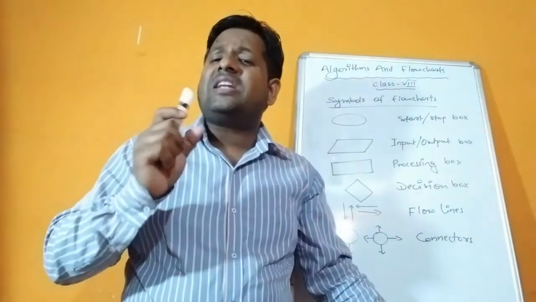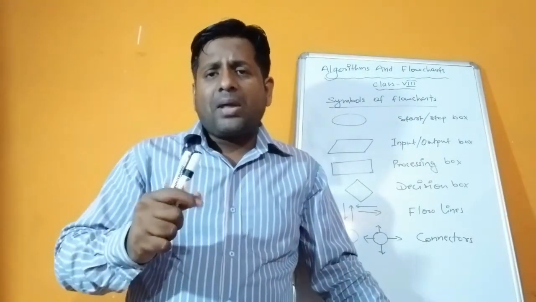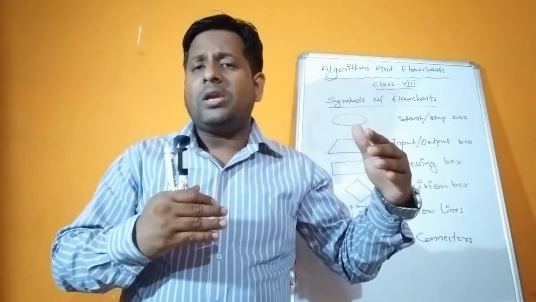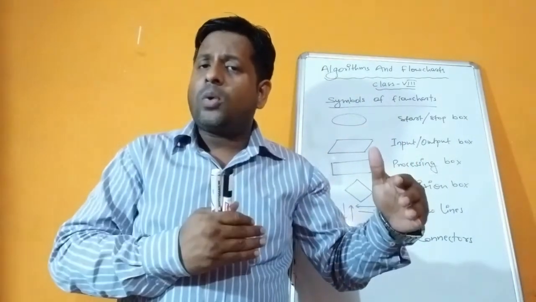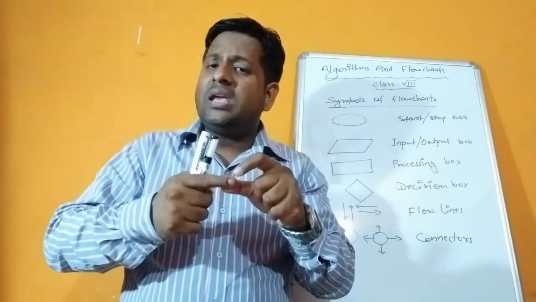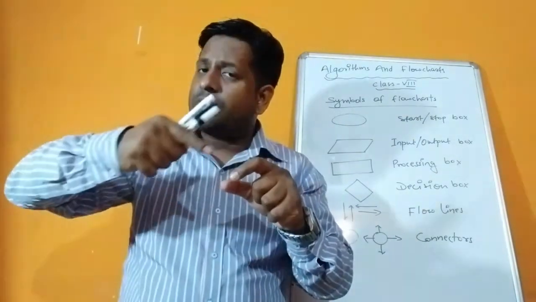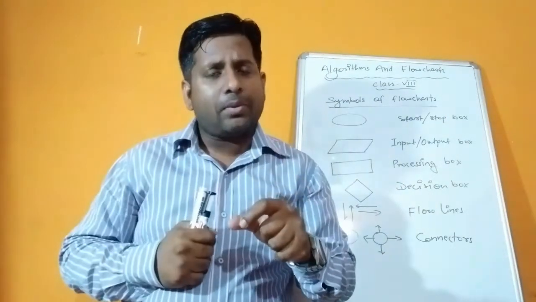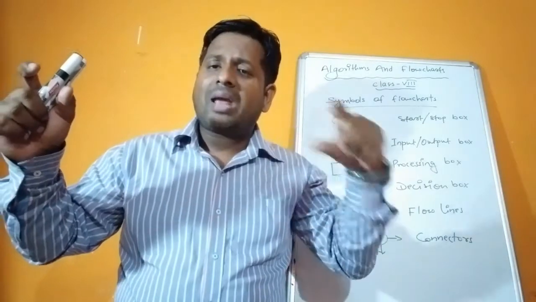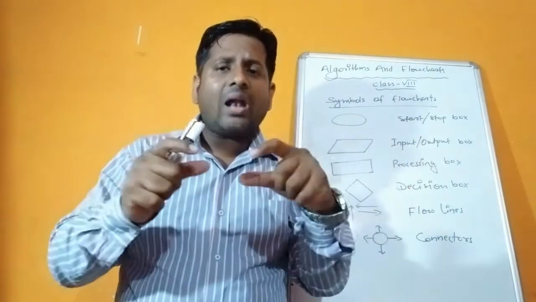This means it's a connector box. Sometimes your flowchart is too long to draw on a single page. You can make half on one page and half on another, and use the connector so that the individual can understand that this flowchart is the continuation of the previous one. Even on the same page, one part of a flowchart can be connected with another part with the help of a connector box.